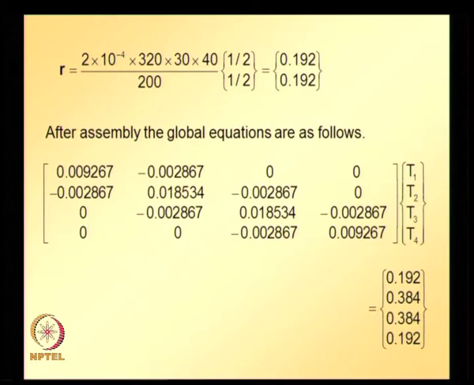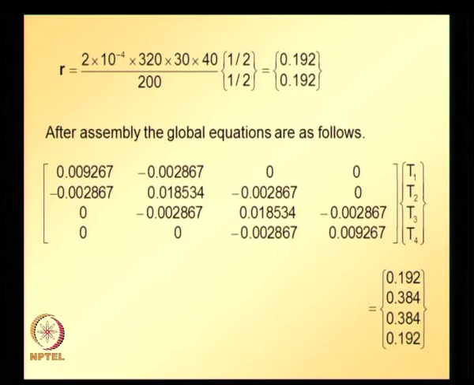So, now assembling global equations, we get this. There are 3 elements and each element has 2 nodes. Element 1 contribution goes into 1 and 2 rows and columns, element 2 contribution goes into 2 and 3 rows and columns, element 3 contribution goes into 3 and 4 rows and columns.